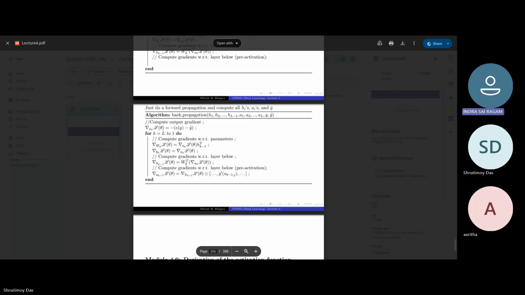Sir, at the end, what's the answer of the 10th question of week 2? Yes. That question was asking whether, if you have a neural network of 2 neurons, it is enough to implement a XOR function.